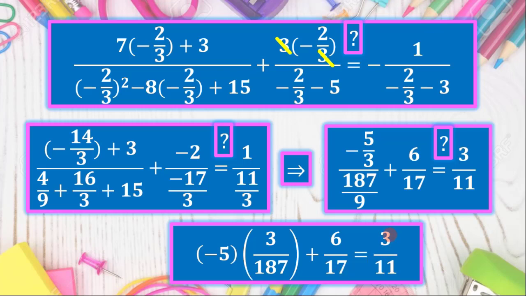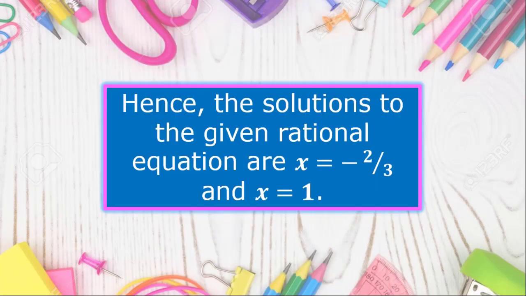We just copy. And 3 over 11. Is this equal to 3 over 11? Well, we have this to check. You can solve it in your calculator and it's correct. Hence, the solutions to the given rational equation are x equals negative 2/3 and x equals 1.